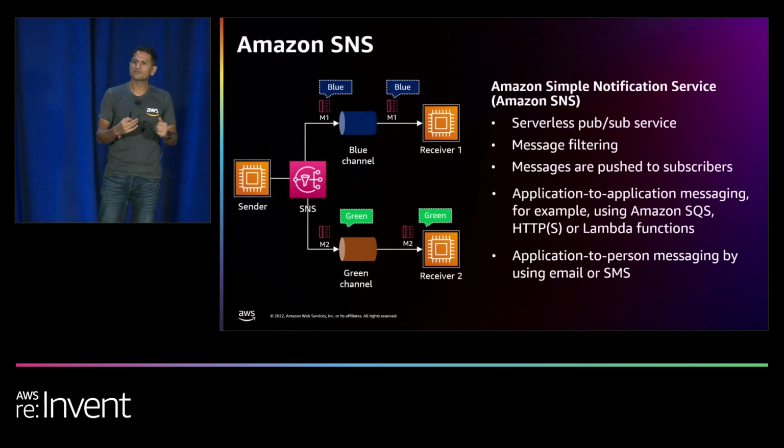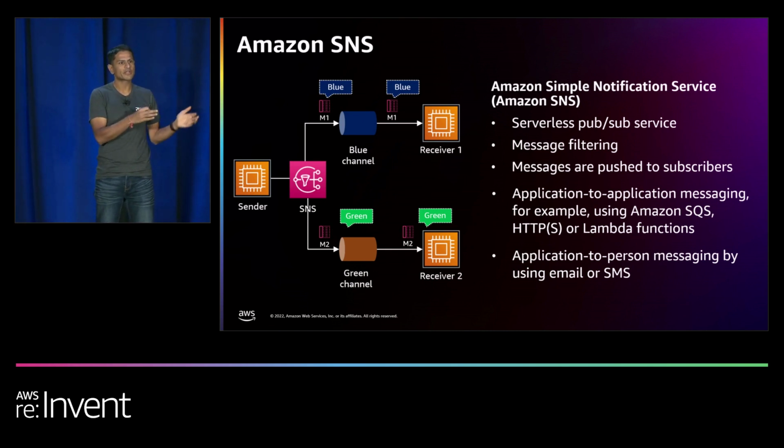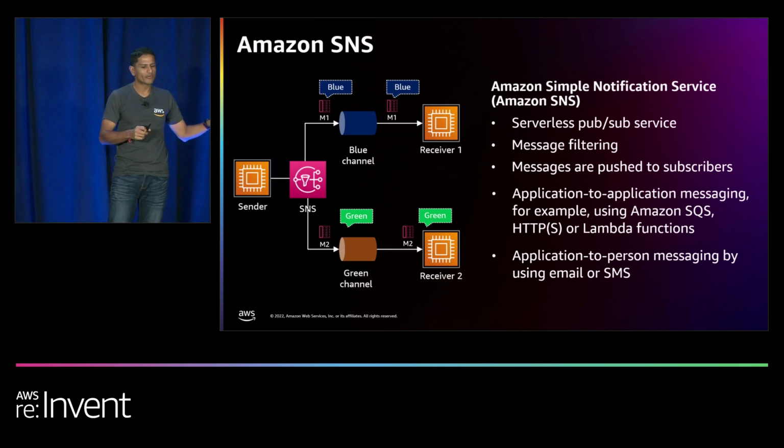Now, to implement this pub/sub on AWS, you can take advantage of Amazon Simple Notification Service. It is a serverless pub/sub service. That is, there is no infrastructure to provision, it scales automatically, infinitely, and you get a pay-as-you-go model. It does support message filtering.